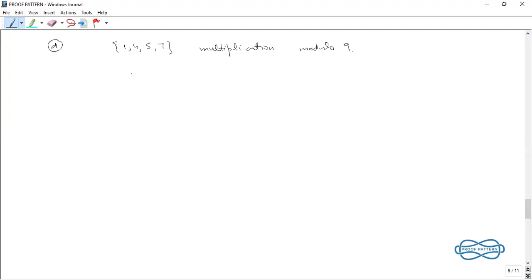If we take 4 times 5 under modulo 9, we get 20, but that is congruent to 2 modulo 9, and this 2 does not belong to this set. So we can say that the set 1, 4, 5 and 7 is not closed under multiplication modulo 9.